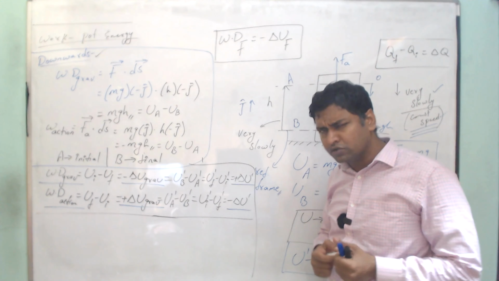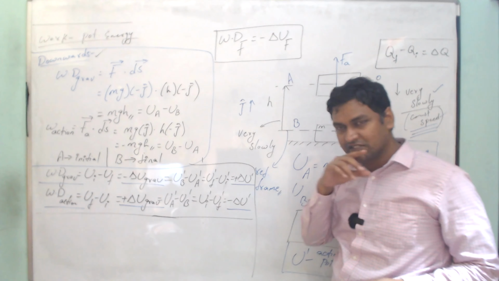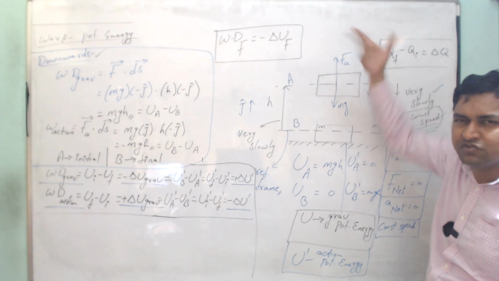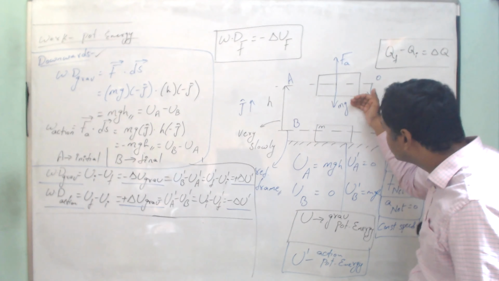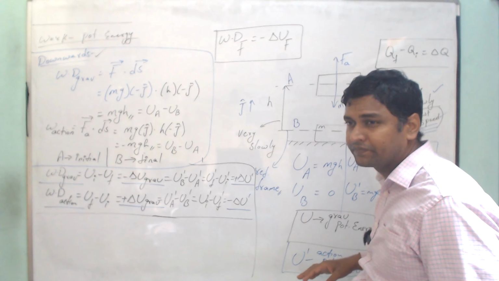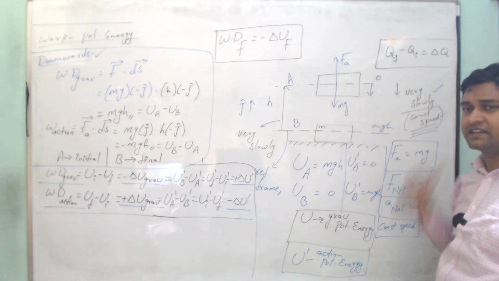It is also obvious. So let us say Fa is not there, and nothing else is there. Only mg is there and height h is there. So gravitational force is acting downward.